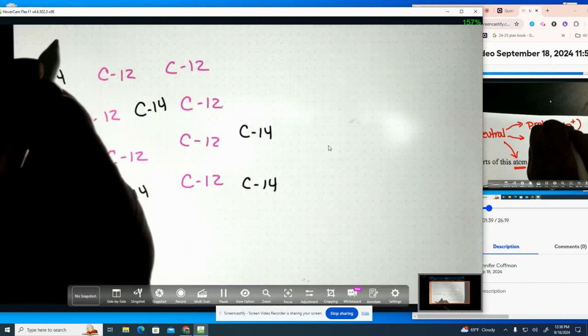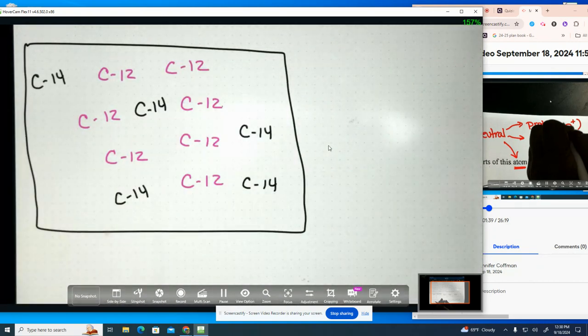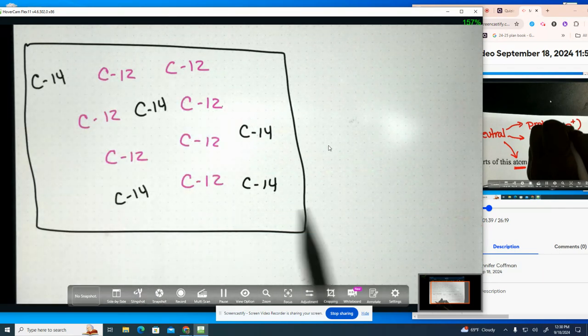A scientist takes a sample of carbon, and this is what he's going to get, a bunch of carbon 12 atoms and a bunch of carbon 14 atoms. He took a sample from, I don't know, a dead woolly mammoth, and he saw a bunch of carbon 12s and a bunch of carbon 14s.